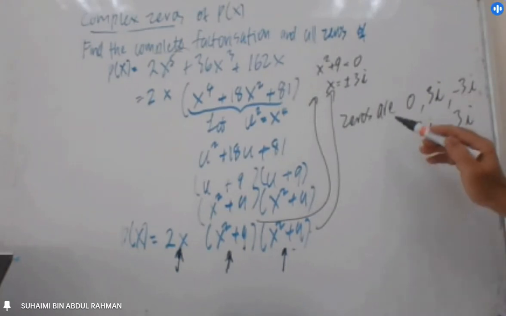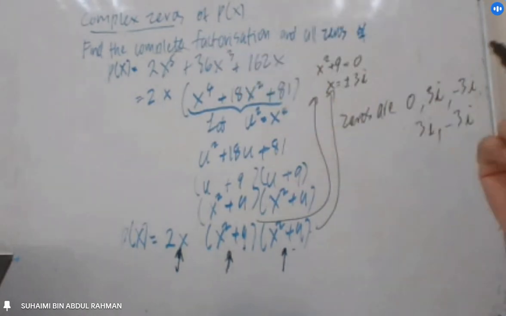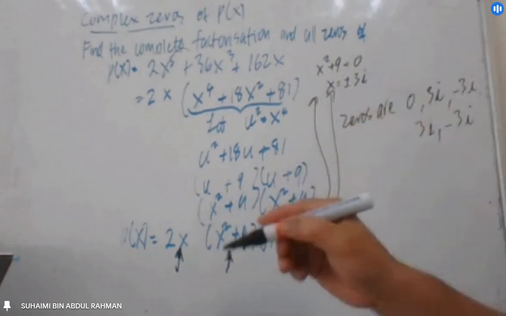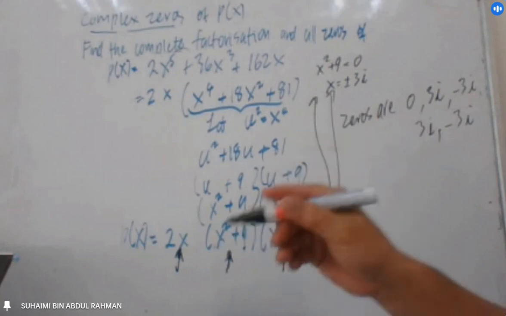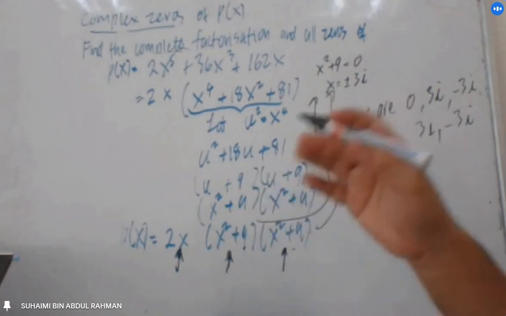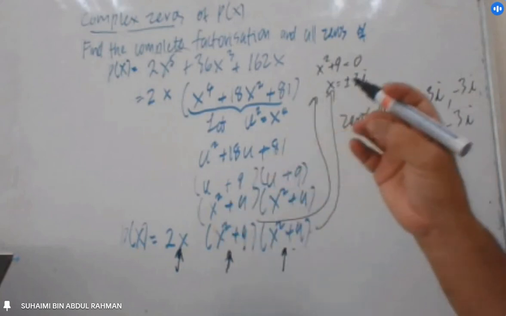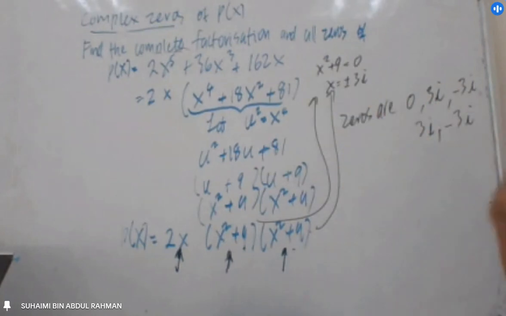So even though we have 5 zeros here, we only have 3 different numbers. As I said at the beginning of this chapter, we can have 3 zeros but only 2 numbers. Here, 5 zeros, but only 3 numbers. Why?